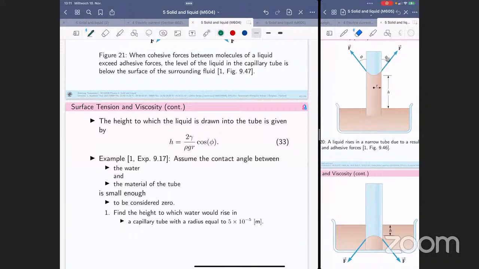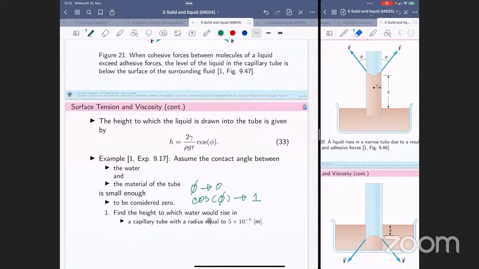So it means in this case that phi tends to 0, right? When phi is 0, cosine phi tends to 1, right? So we don't need to take care of this term at all.